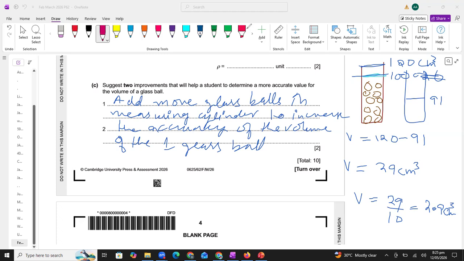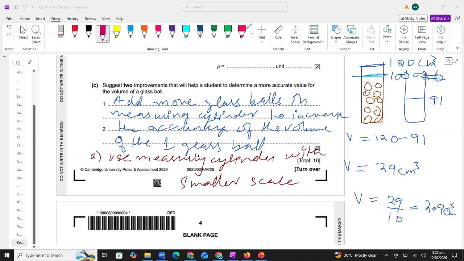So we can write the second option here: use a measuring cylinder with a smaller range or a smaller scale. All right, students? Any confusion here?